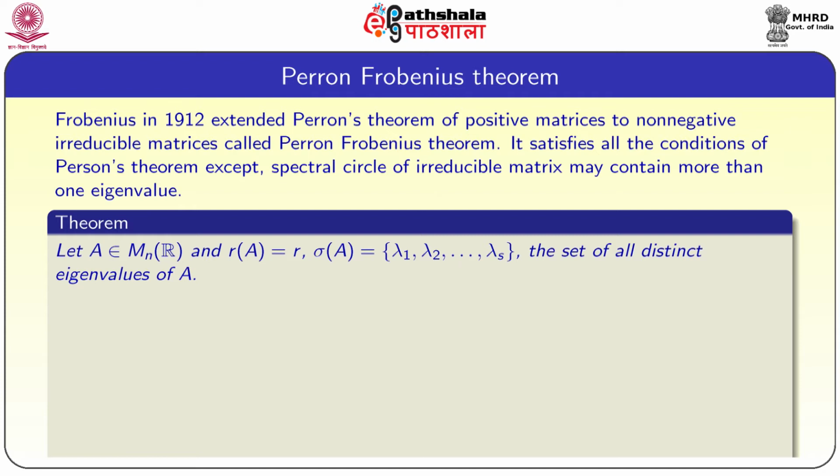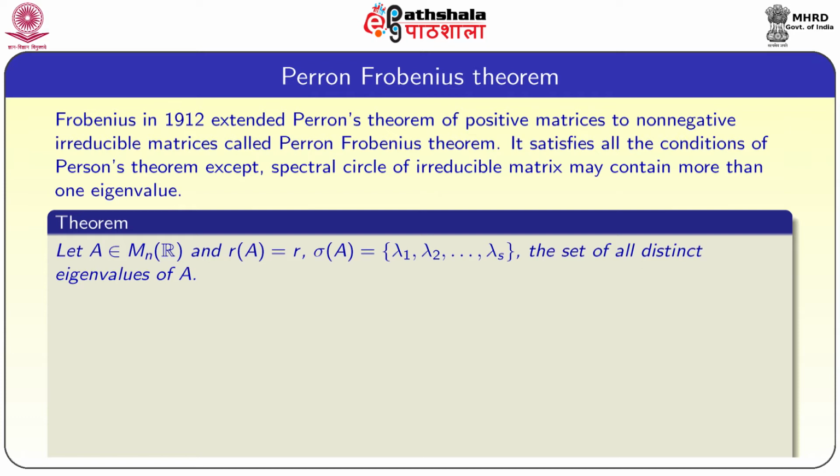So we will state the theorem. This theorem is also called the Perron-Frobenius theorem, as Frobenius extended Perron's theorem to irreducible matrices. By irreducible matrix we mean it is already a non-negative matrix and it is irreducible.